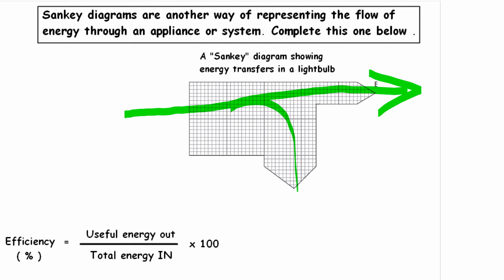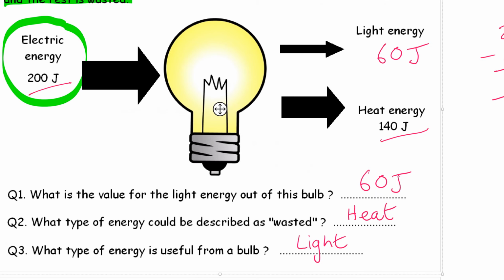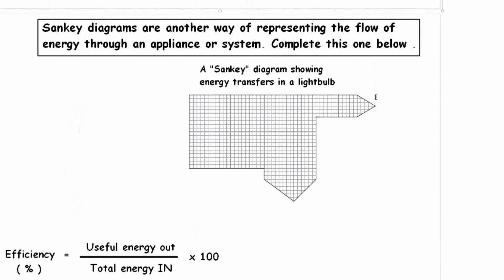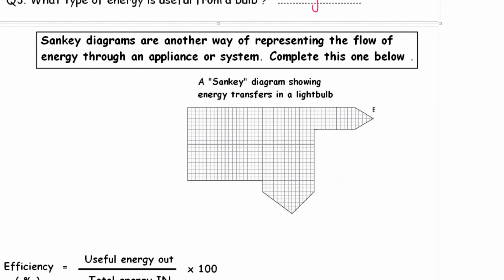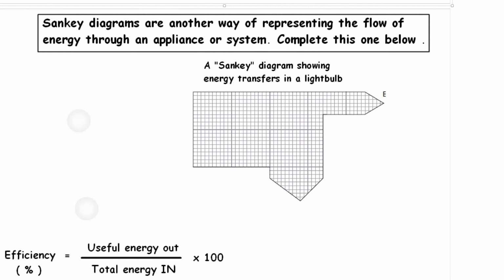Some of it is wasted. These Sankey diagrams were invented by a chap called Sankey many years ago, probably in the 18th century, and he was looking at the efficiency of steam engines. They're very useful Sankey diagrams.